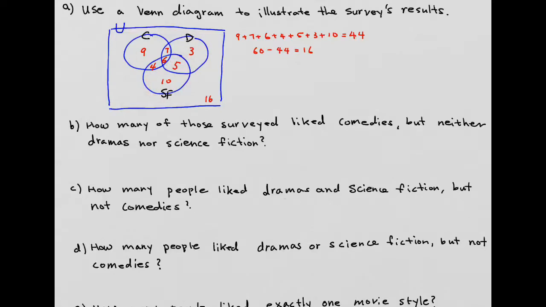So you just write it here, 9. And then C: how many people like drama and science fiction but not comedy? You need to exclude the comedy circle, so that's going to be 5.